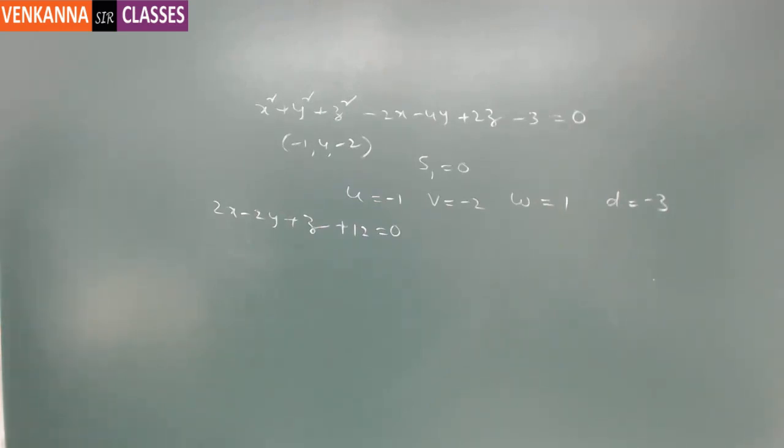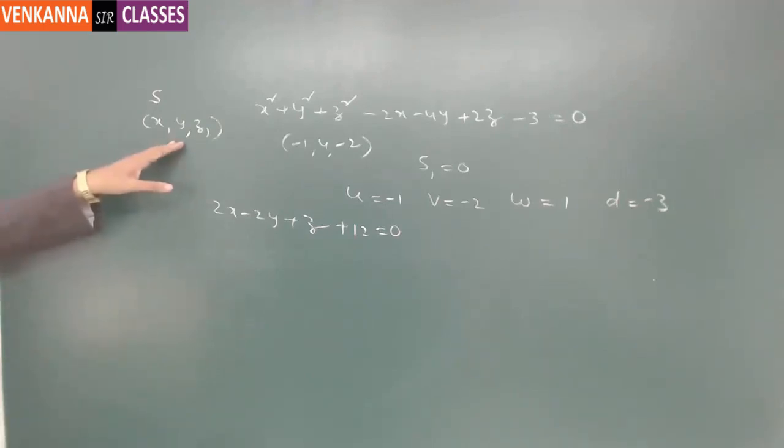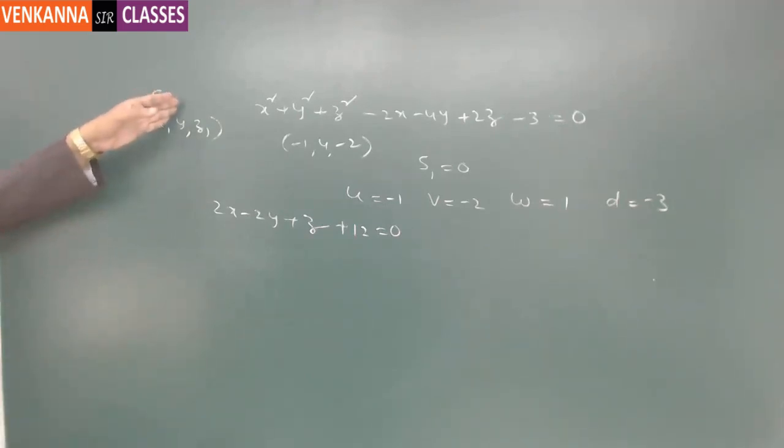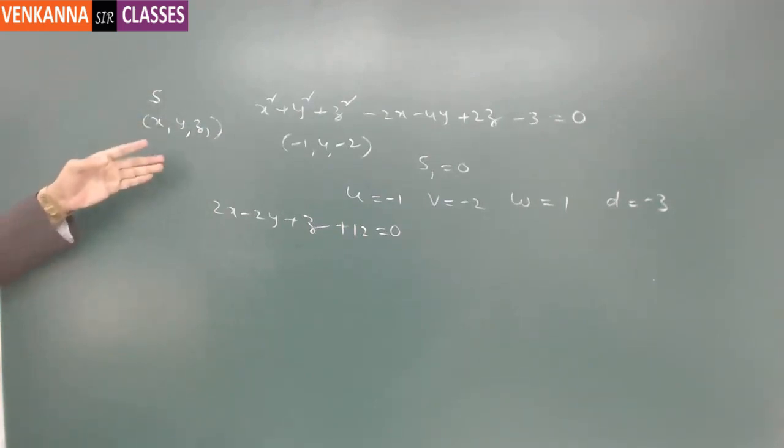In the meanwhile, let me know, I have given a sphere S and a point. If you want to know whether this point belongs to the interior of the sphere, or it is lying on the sphere, or it is outside of the sphere, how do we check? Any guess for anybody?